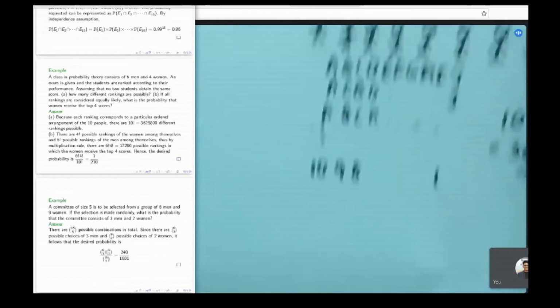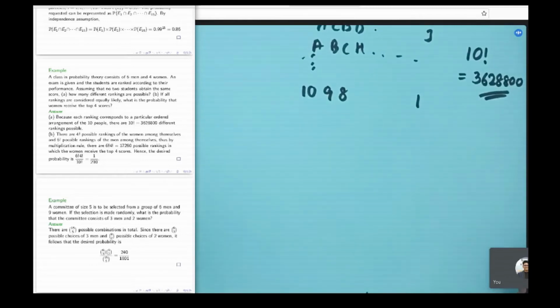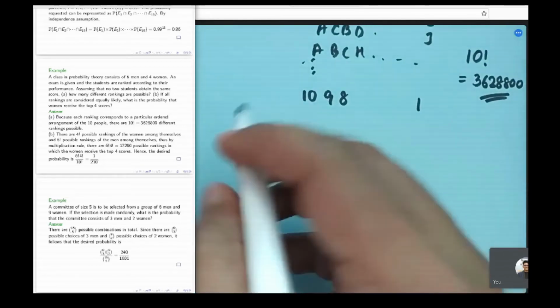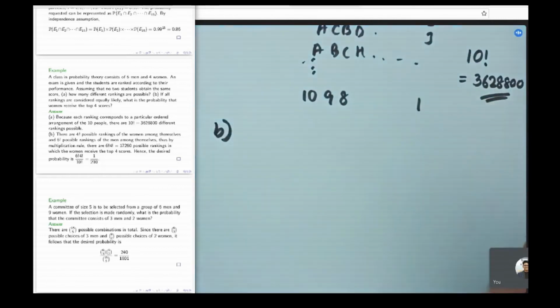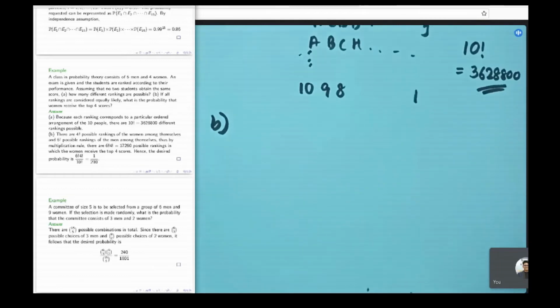Now, the second part of the question says, if all rankings are considered equally likely, which means anybody can be at any rank, and it doesn't matter whether it's a boy or a girl, there are no certain rules, anybody can be anybody.